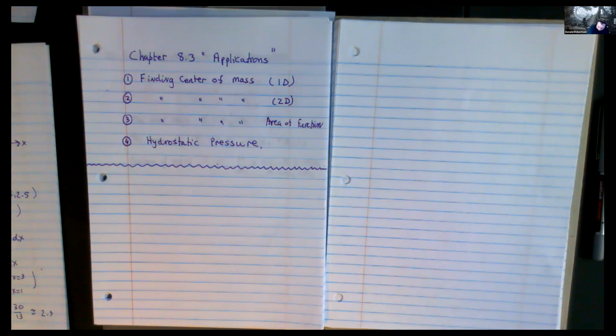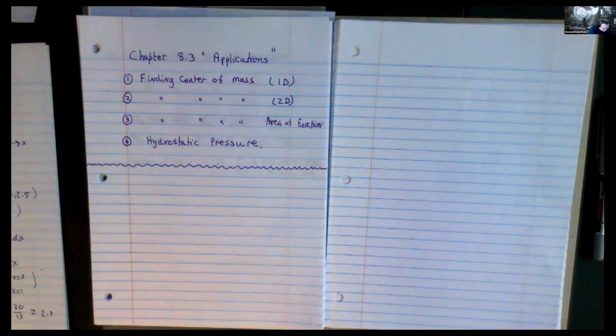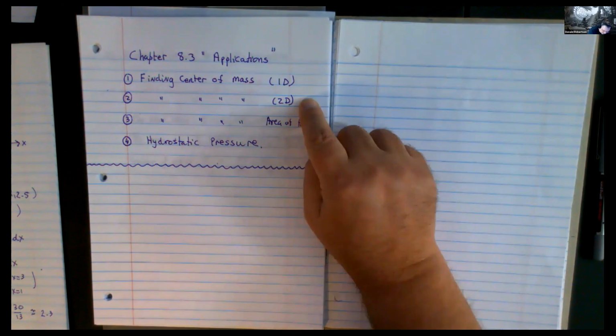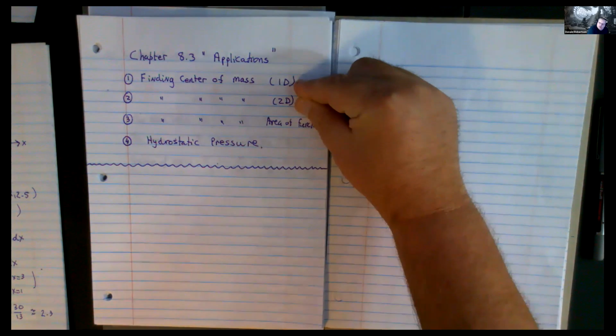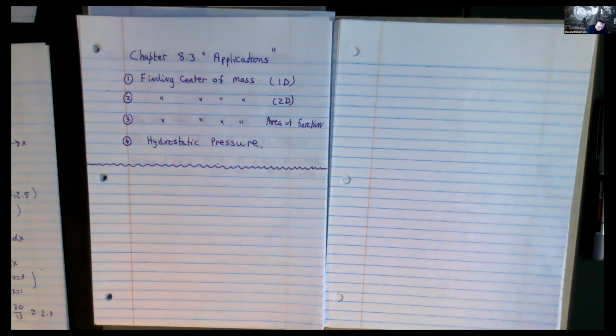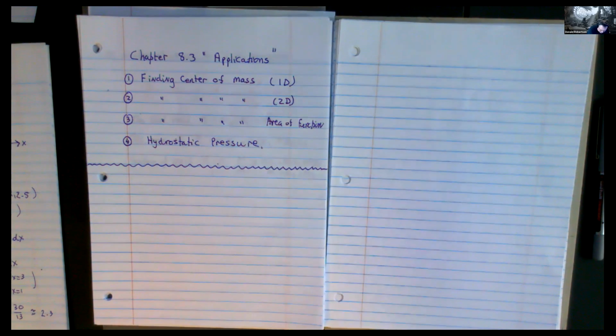4 main topics. We're going to find what's called the center of mass, and we're going to do that for a 1-dimensional situation. Then we're going to find the center of mass for a 2-dimensional situation. Neither of these 2 use calculus. Then we're going to do number 3, which we'll get started today. And it's going to be how you find the center of mass from the area of a function under a curve.